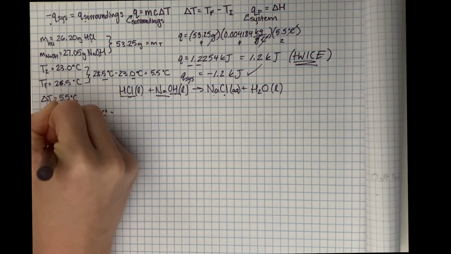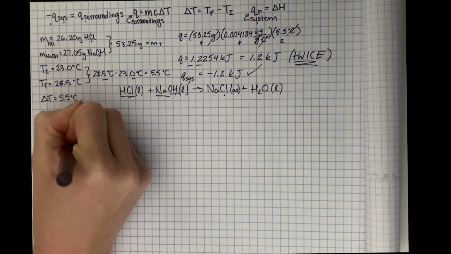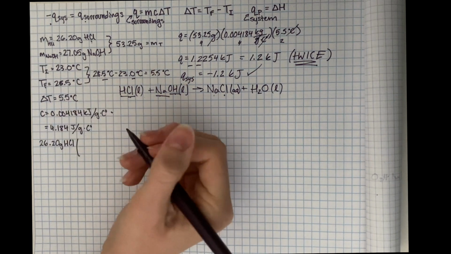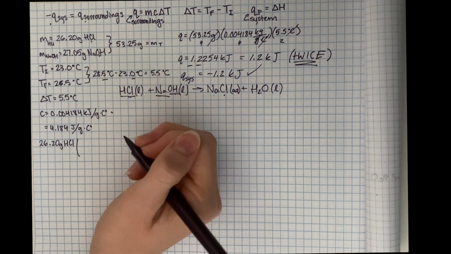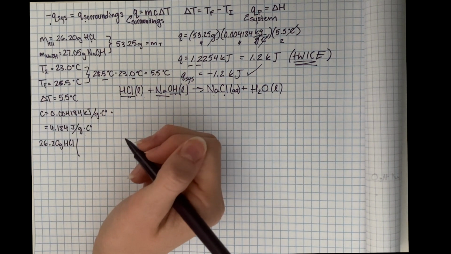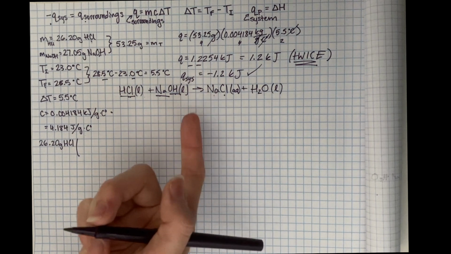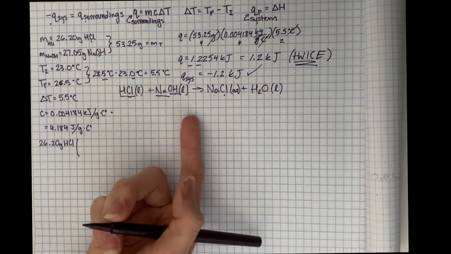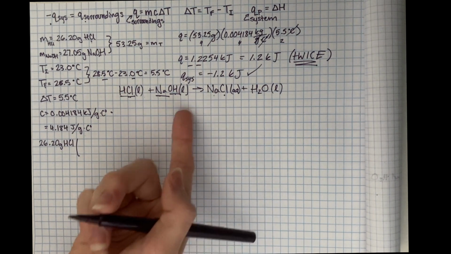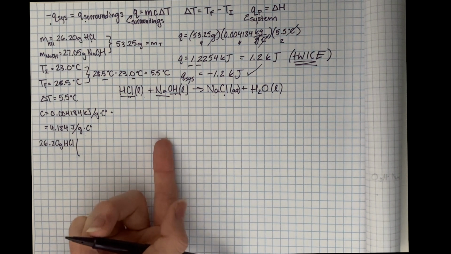So we're going to take the mass of HCl, and we want to know how many moles of H2O we have. So we know our mole-to-mole ratio, so we can work backwards. We know the concentration of HCl, which is moles per liter, so we have moles, right? And we need to know the volume of HCl.